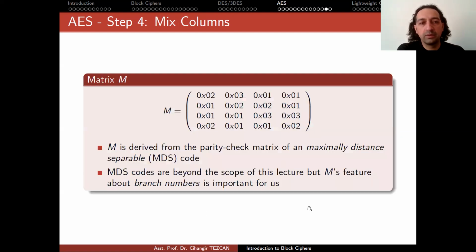This matrix is also carefully chosen. It is derived from the parity check matrix of a maximum distance separable code. These MDS codes are used in coding theory a lot, but they are beyond the scope of this lecture. But the matrix's feature about branch numbers is important for us, because this actually provides security against differential cryptanalysis.